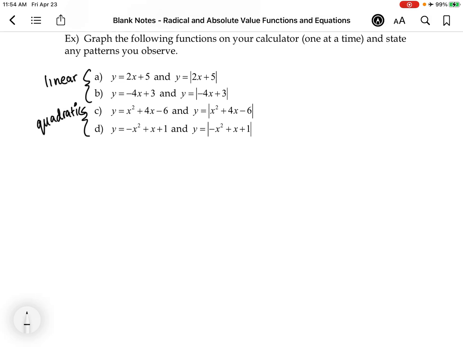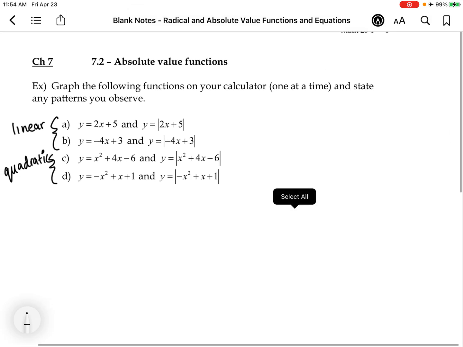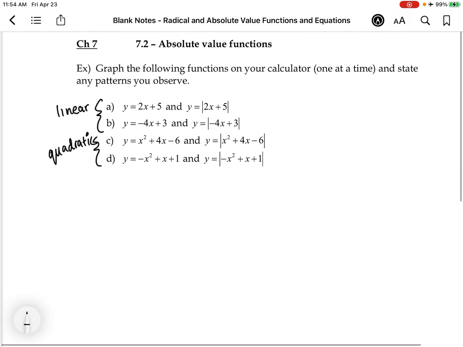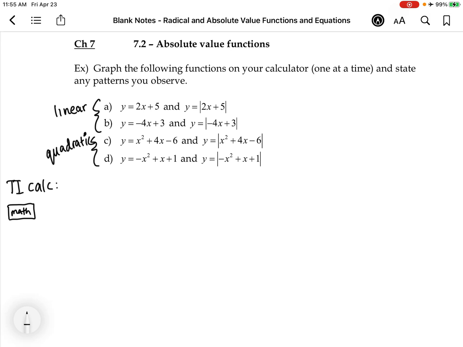Now, just so that you know where to find absolute value on the TI calculators, I'll write this over here. To be honest, I can't remember off the top of my head where it is on the Casio, but I will find out, and when we talk in class, I will tell you exactly where to find that button. You go to the math button, which is just a couple below the second button.